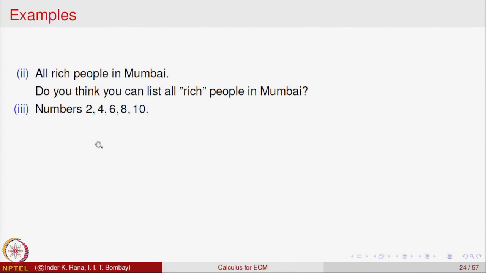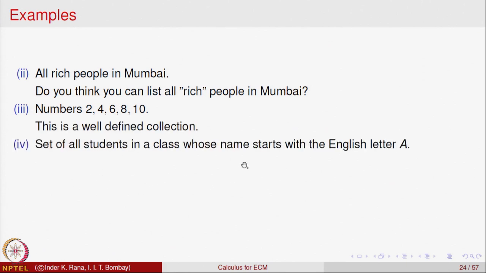Let us look at the numbers 2, 4, 6, 8 and 10. Here we are actually given the collection, we are given a box having the numbers 2, 4, and so on. So, it is well defined, we are actually given hold of those objects, we do not have to pick them up. Normally when the actual things are given, it is well defined. This is a well defined collection. Set of all students in a class whose name starts with the English letter A. Yes, that is very well defined, because we know which are the students in a class.